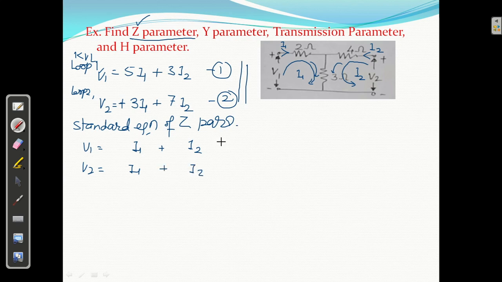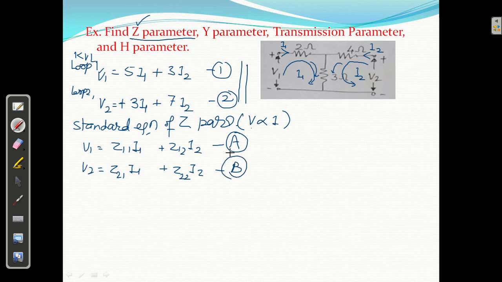We have to represent V1 and V2 in terms of current I1 and I2. V is a function of current. Here there is a plus sign, and 1 1 gives Z11, 1 2 is Z12, 2 1 is Z21 and 2 2 is Z22. Equation number A, standard equations A and B. This is the standard equation of Z parameter.